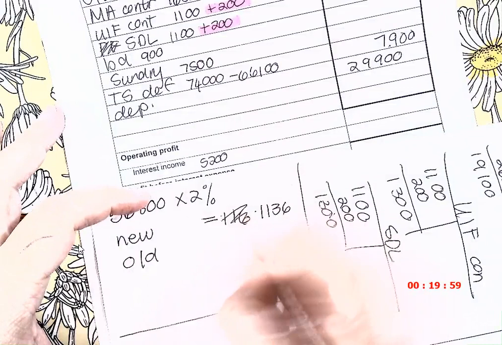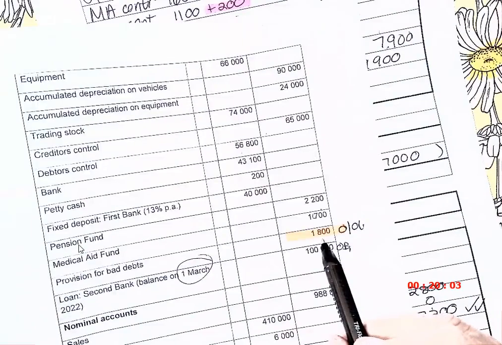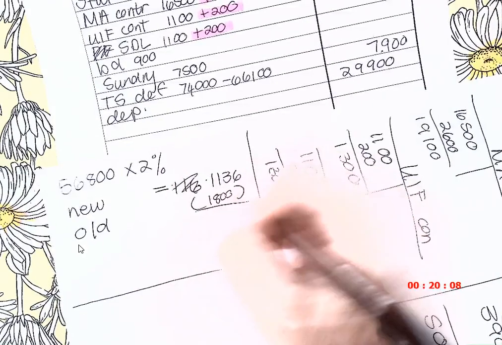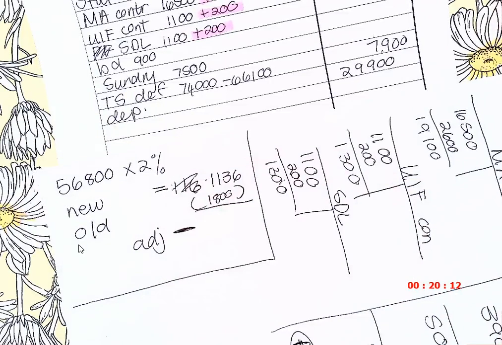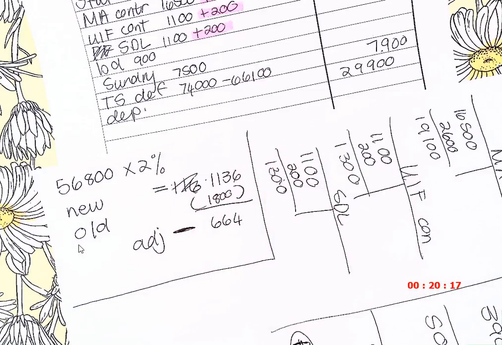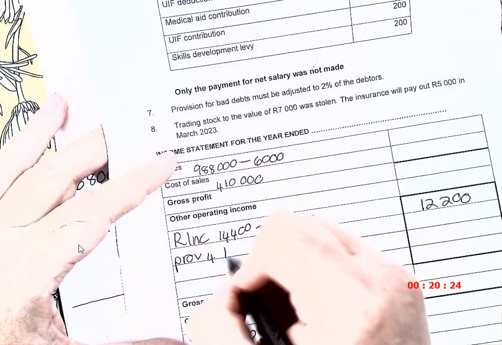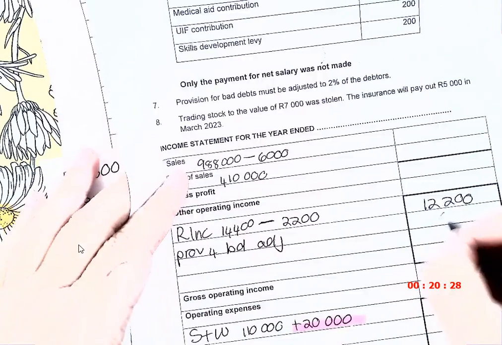What is the old one? It's that 1,800. Right? So now I see my adjustment is going to be a negative. How much? 664. And that 664 is then going to be an income. So I say provision for bad debts, adjustment, 664. Keep getting your format. Okay. Next one.